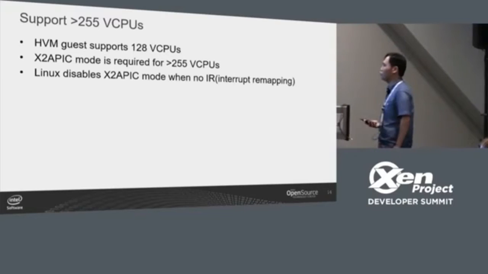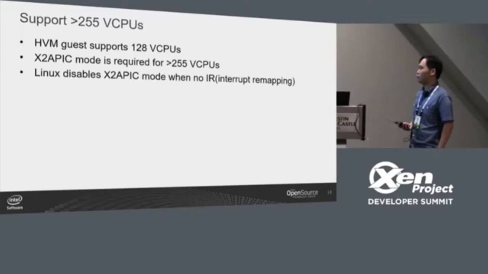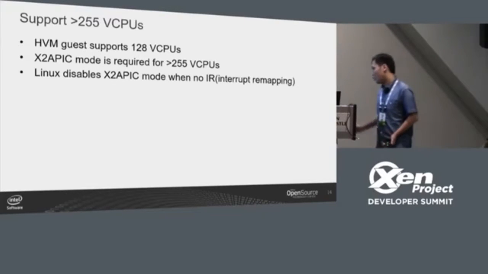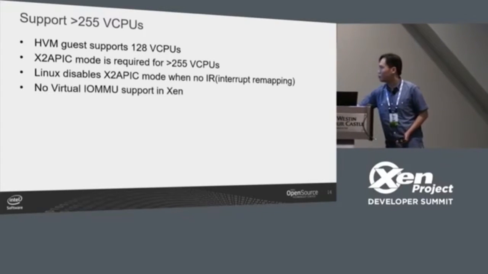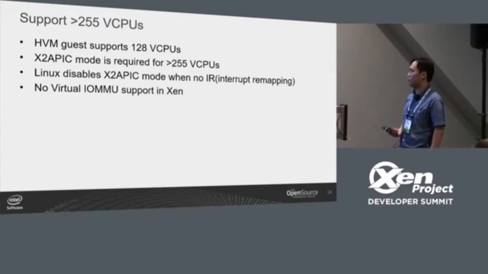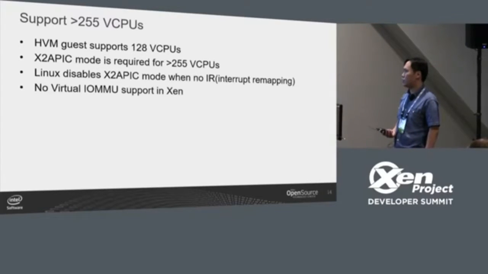So if we want to enable more than 255 CPUs, we need to enable the IRQ remapping function. It's one of the IOMMU features, so it requires virtual IOMMU support in the VM, but currently Xen doesn't have such support.